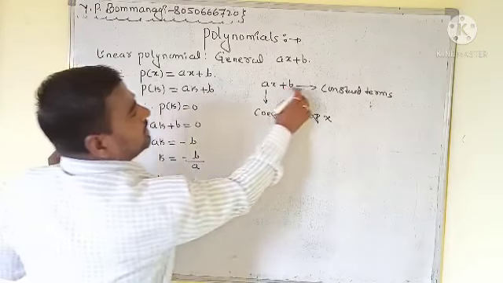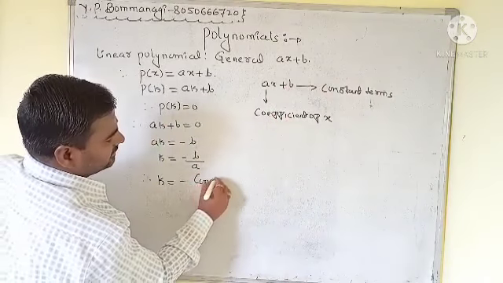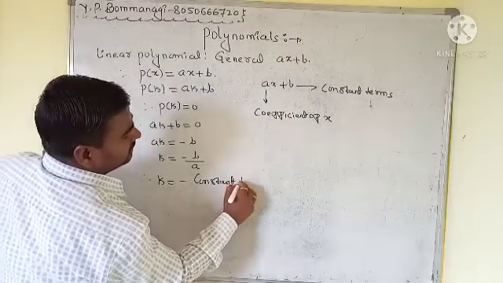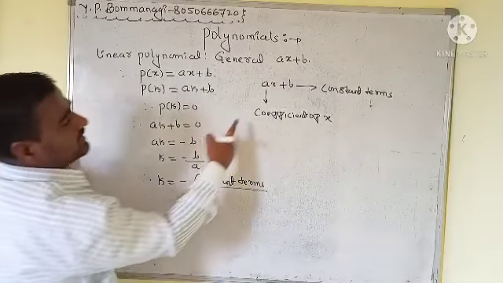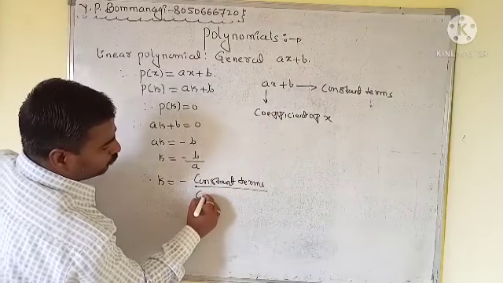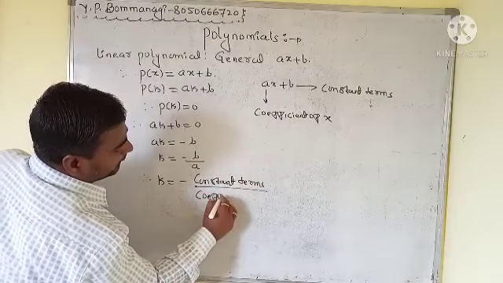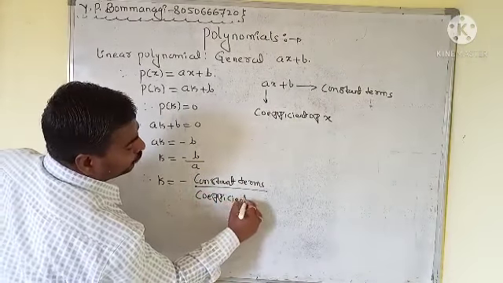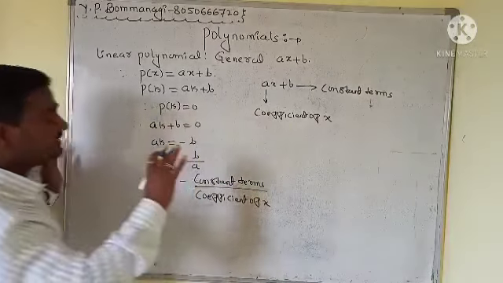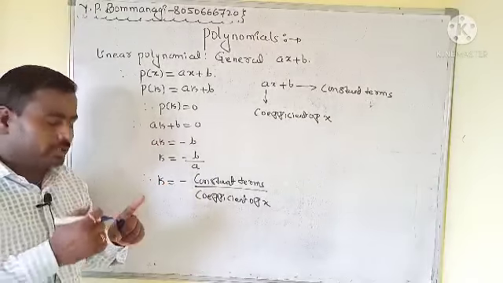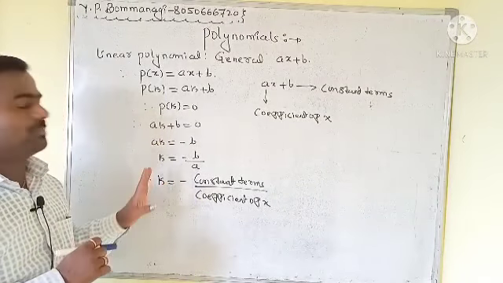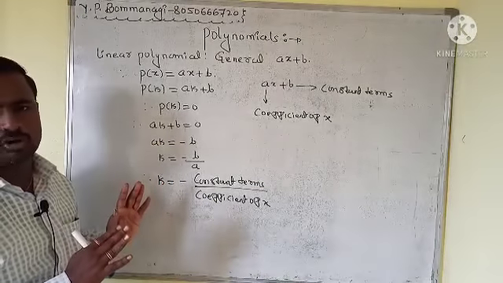B means the constant term, divided by a. What is a? A is the coefficient of x. Hence, we find the zero of the linear equation. How to represent it graphically is the most important thing.